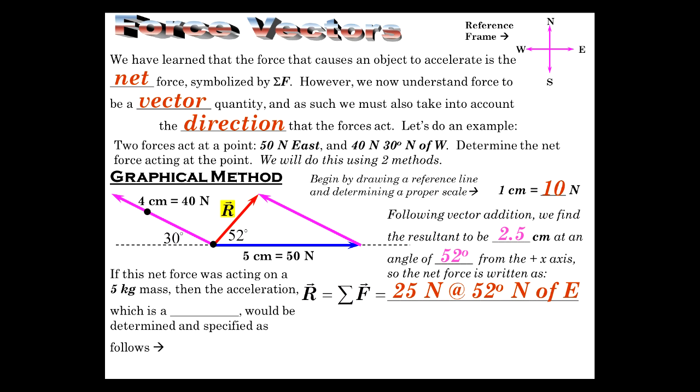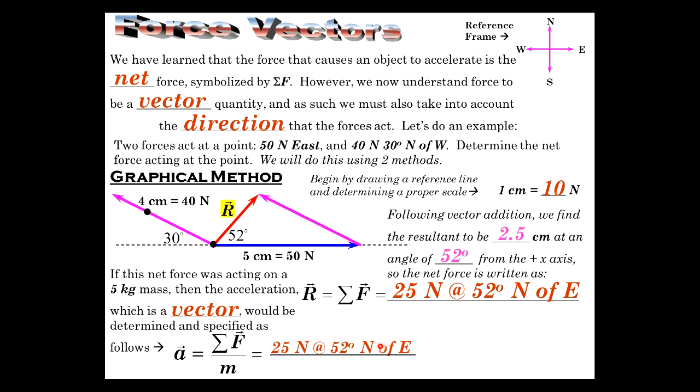Fully specified. Now, let's pretend that this force is acting on a mass, 5 kilograms in particular, and this is the net force, so let's figure out the acceleration. So the acceleration is a vector, and it looks like this: the sum of the force vectors over the mass. Mass is a scalar, so 25 newtons at 52 degrees north of east.